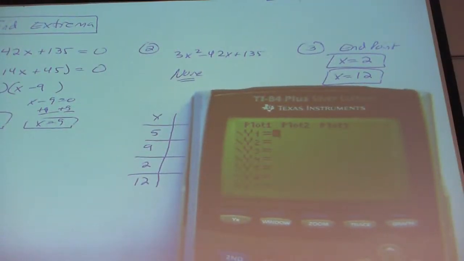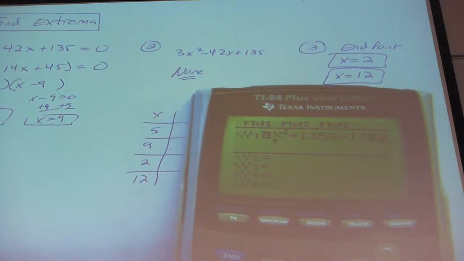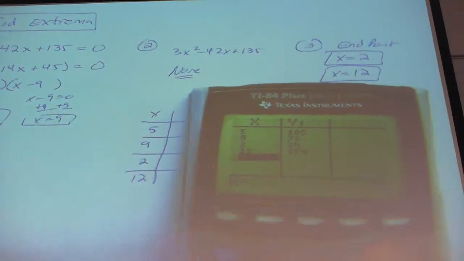So let's go to y equals, type in x raised to the 3rd minus 21x squared plus 135x minus 170. So y1 is the original, and then we plug in the numbers that we found, 5, 9, 2, and 12.